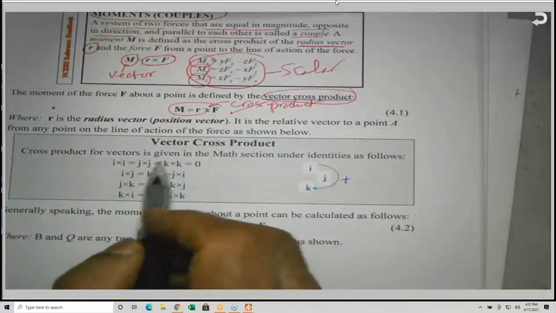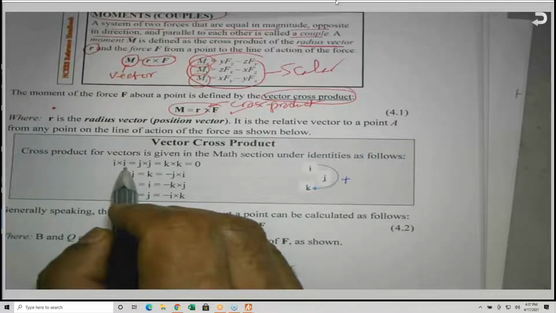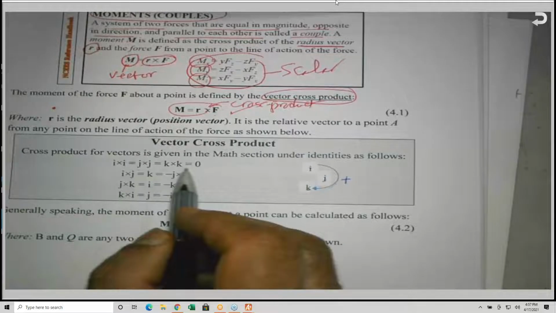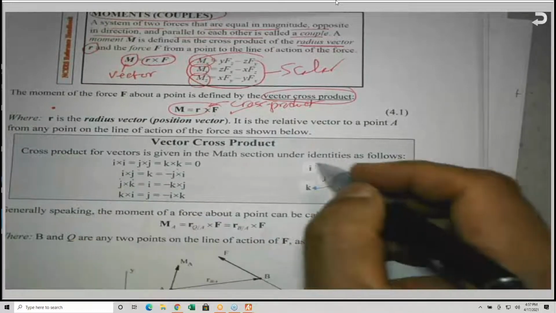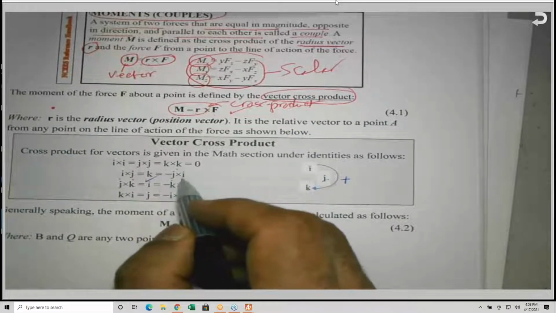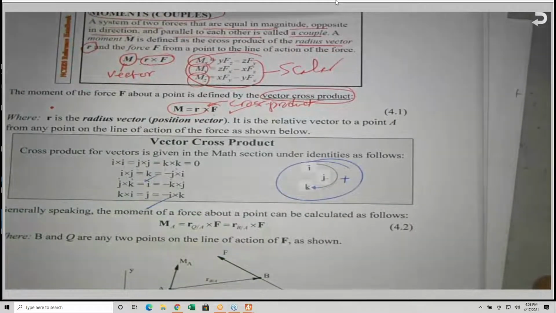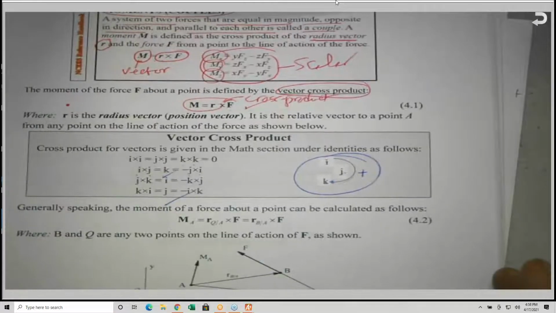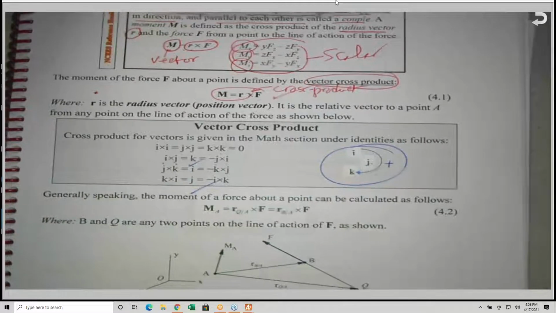First of all, I cross I, J cross J, and K cross K are all equal to 0. I cross J will give you a positive K, or J cross I will give you a negative K. I can't remember if this is given in the math section, but this is just to illustrate it to you.